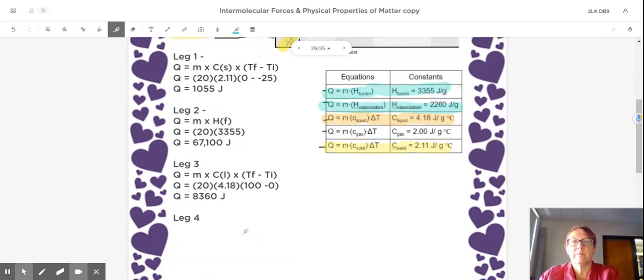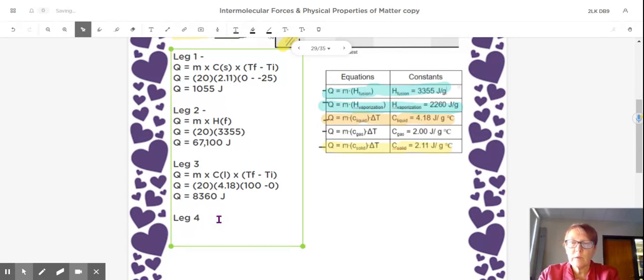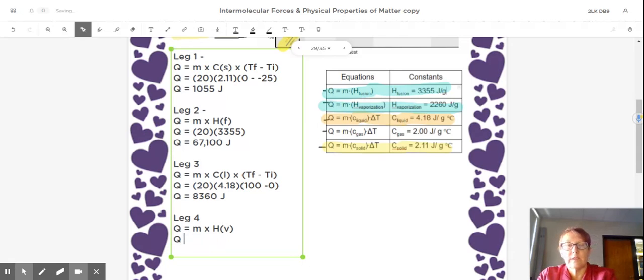So leg 4, we're going to say Q is equal to M times, oh, not times C, M times heat of vaporization. So Q is equal to 20 grams times, what is our heat of fusion? Or excuse me, heat of vaporization, 2,260.